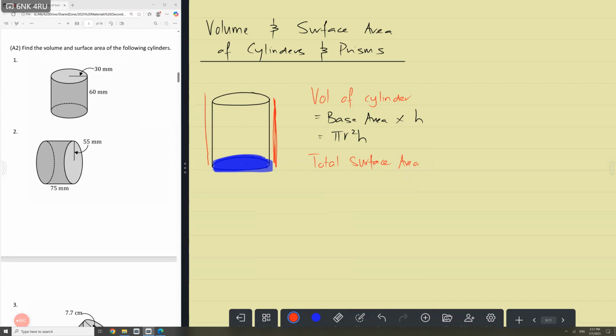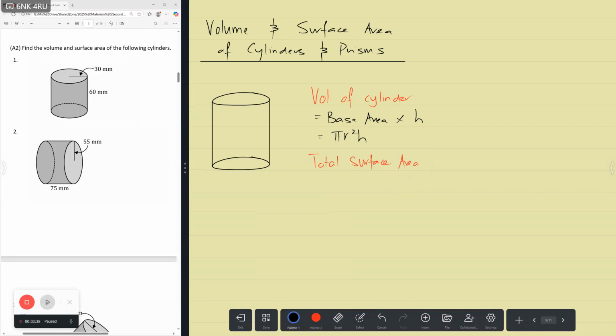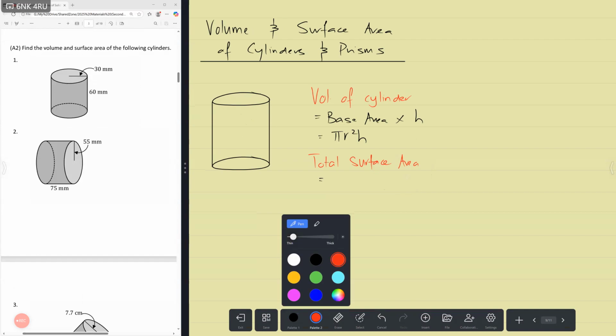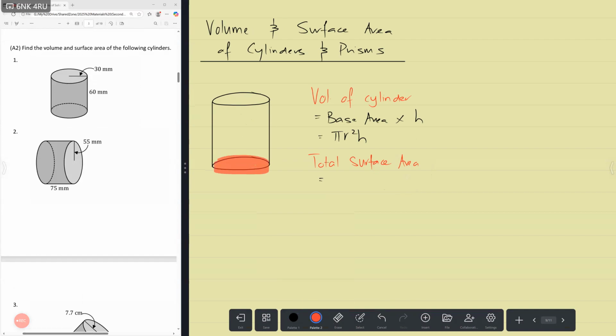All right. Okay, so the next one is the total surface area. Let me make some adjustments. Our total surface area for our cylinder comprises two components. The two components are basically our bottom, the base, and then the top part. This is in the event of a solid cylinder.